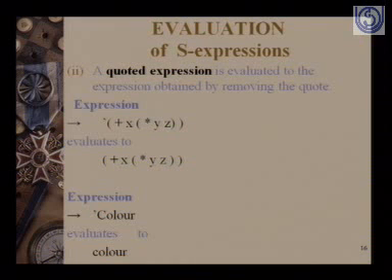So in the second example of evaluation, whenever there is a quote followed by any expression, the meaning of that is taken as that expression without quotes. I hope it is very clear that when you write quote car, and we write quote car has three letters, then after evaluation the word car will come.